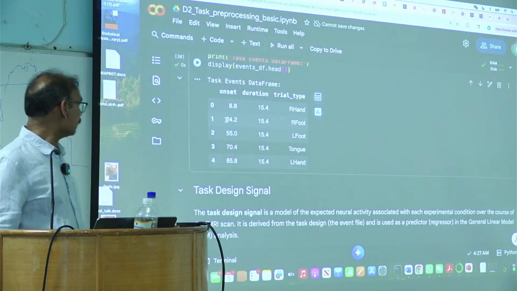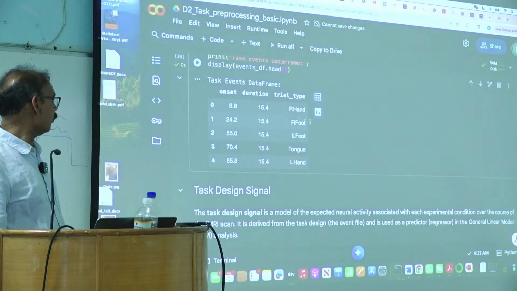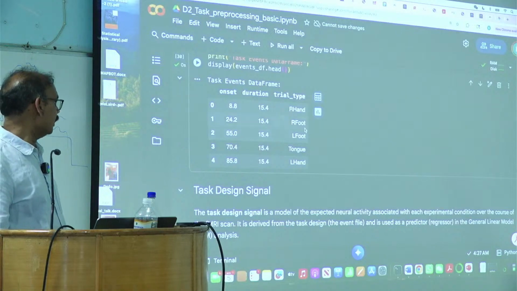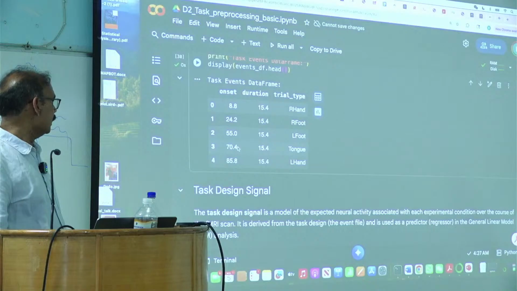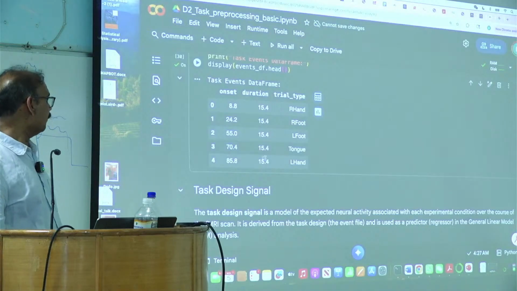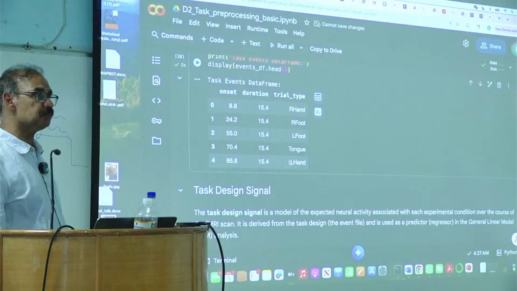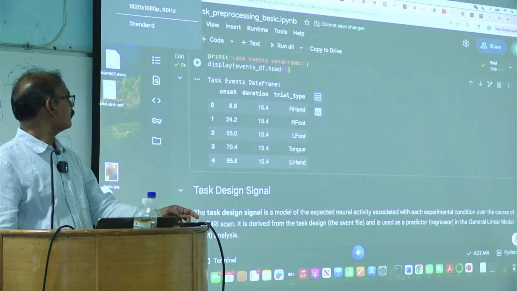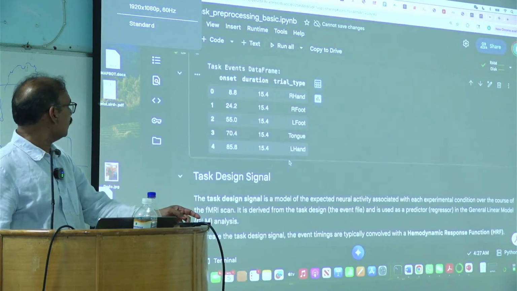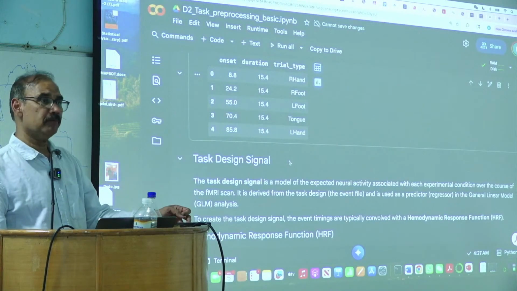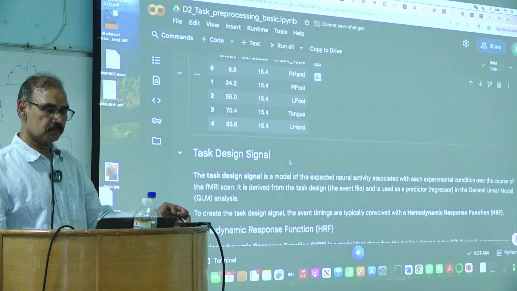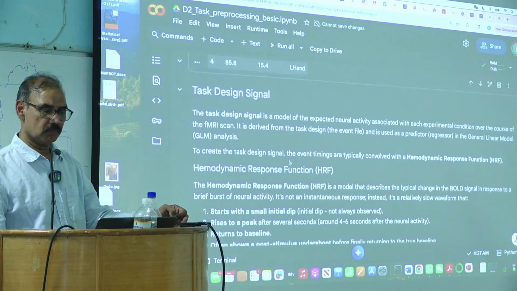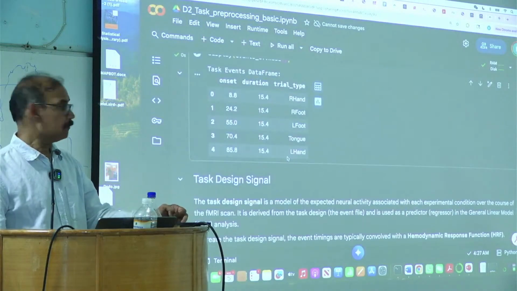For the second task, 24.2, duration 15.4, right foot, 55, 15.4, left foot, 70.4, duration 15.4, tongue, and then left hand. So each duration is 15.4 seconds.